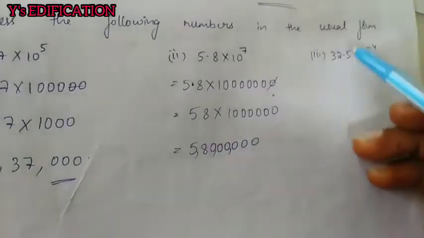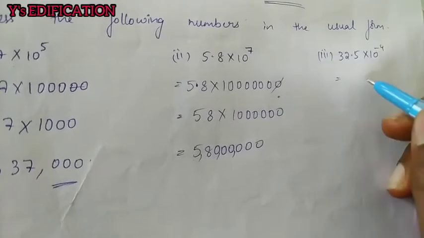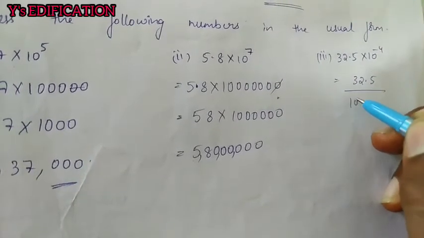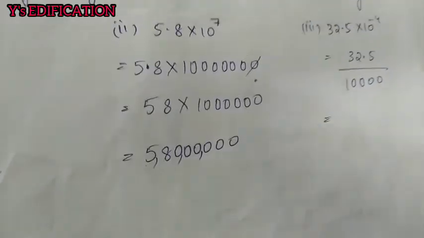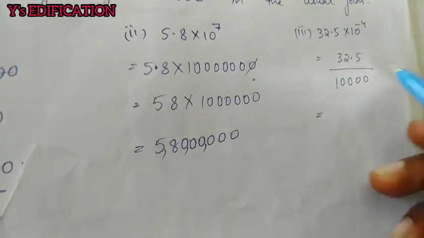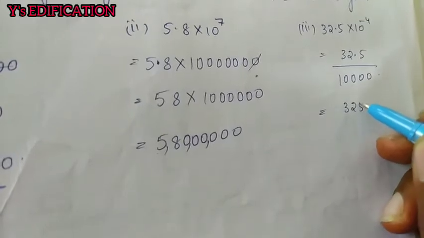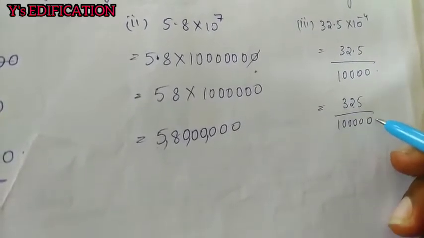Next one. 3.25 into 10 power of minus 4. So 10 power of minus 4 means that number will go to the denominator. Right. 1, 2, 3, 4. So here 32.5 by 1, 2, 3, 4, 10,000. So here 0.5 means one digit is added to the denominator, 5.